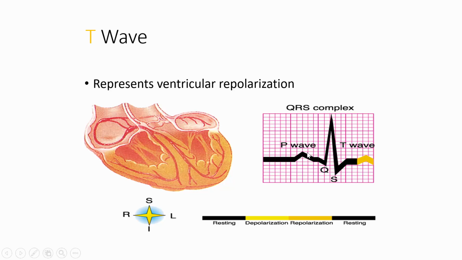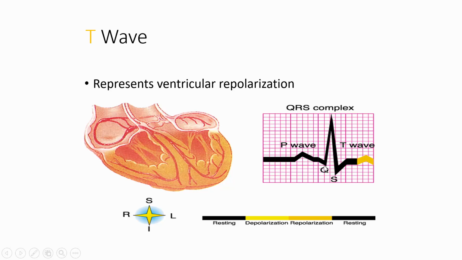So look right here and let's go through the whole cycle again. This is baseline right here. Okay. You see where it starts to come up? This is the beginning of your P. Okay. It comes back to baseline right here. This is the end of your P. This is baseline, and you see where it starts to go down? That right there, that is the beginning of your Q. Okay.